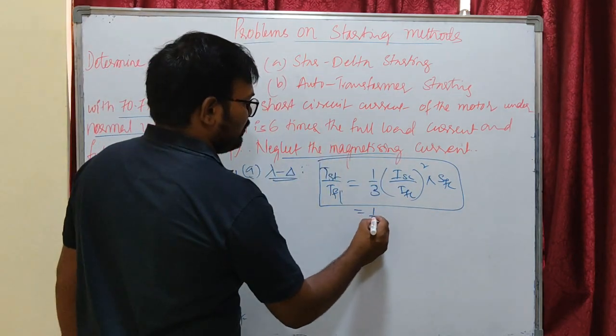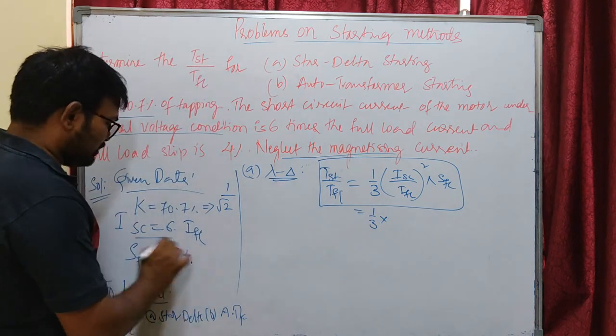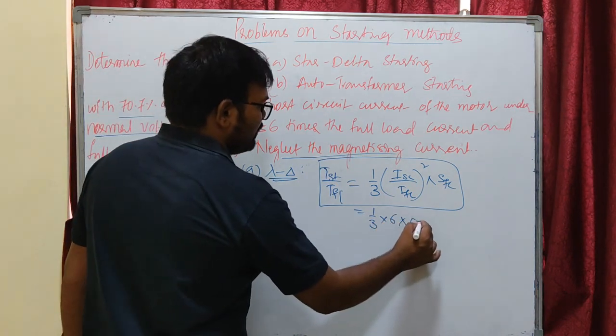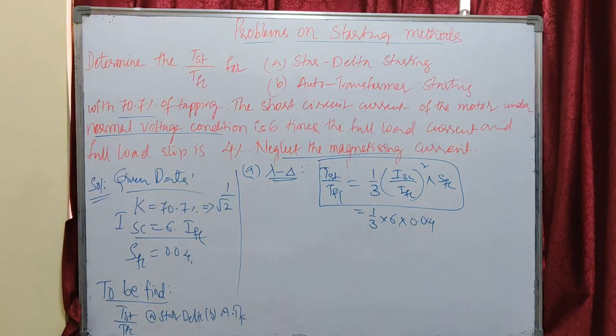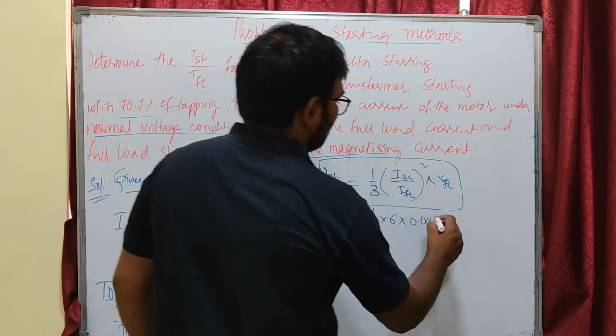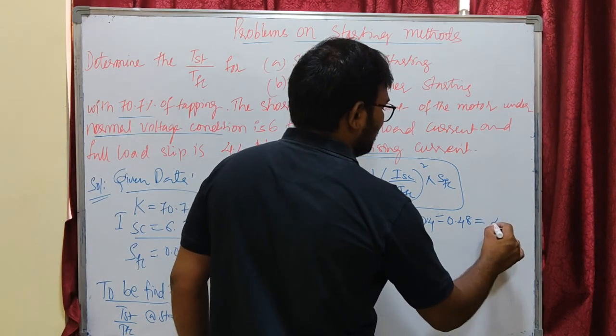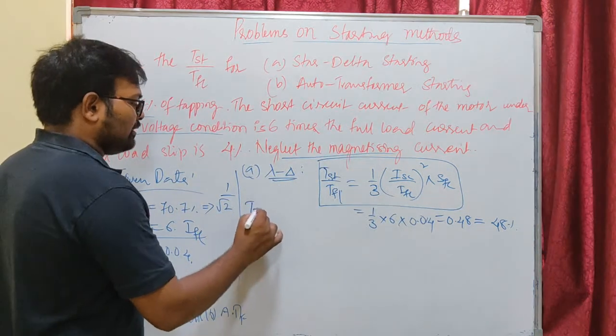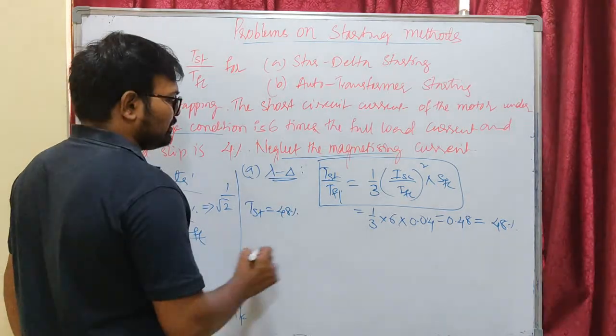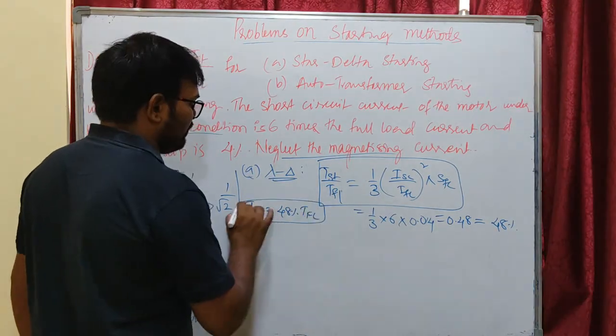That will become 1 by 3 times ISC by IFL equal to 6, 6 into our full load slip 0.04. So what will be the value for our star delta starting? That will be equal to 0.48, which is nothing but 48% of full load torque. That means the starting torque of our star delta starting is 48% of full load torque.